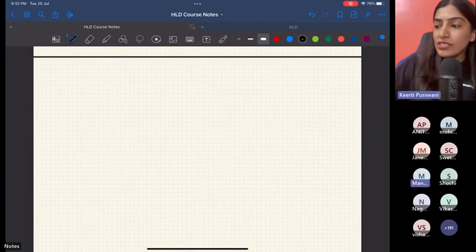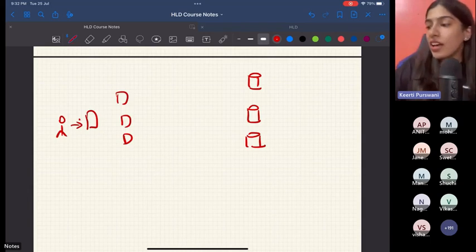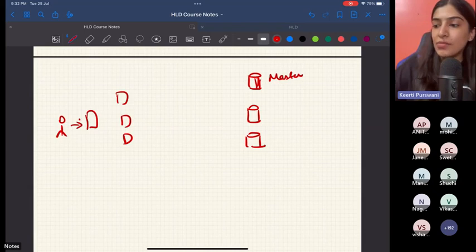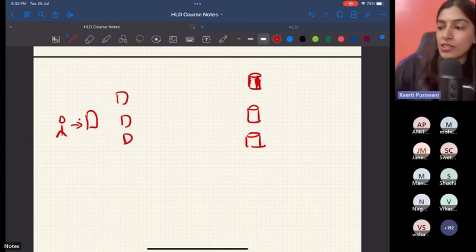Okay, now what we did: I am the client, there are some servers over here, a request is going, there's a load balancer, right? Now this is my master DB, or basically my main DB, or you can say the leader DB. This DB is taking care of all the read and write operations.